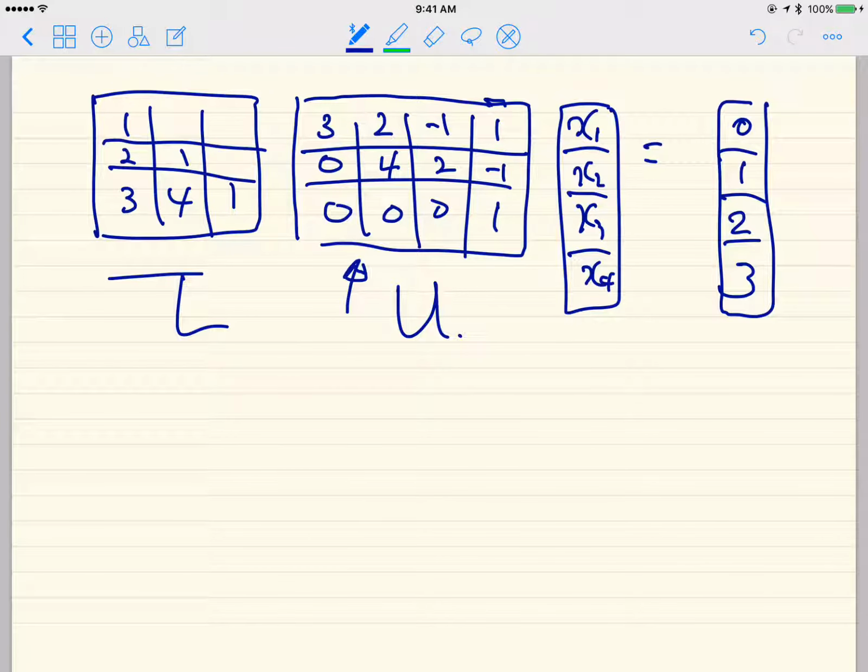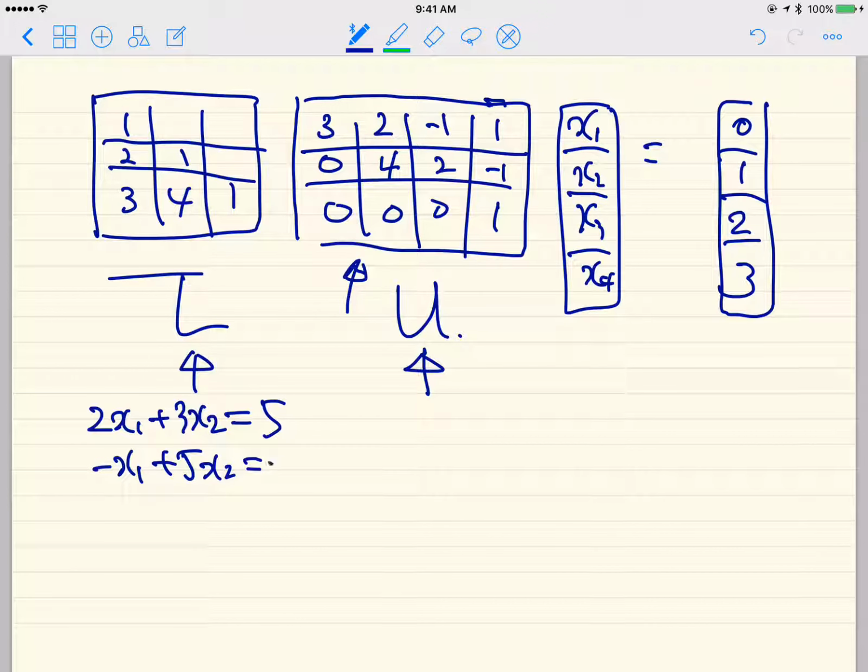In the beginning of the class, I mentioned L and U as lower triangular and upper triangular matrices. If your matrix is a lower triangular or upper triangular matrix, you can really easily compute your solution. It is something like this: 2x1 plus 3x2 equals 5, minus x1 plus 5x2 equals minus 1.